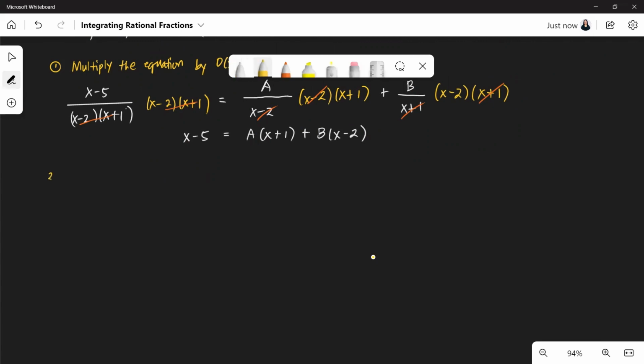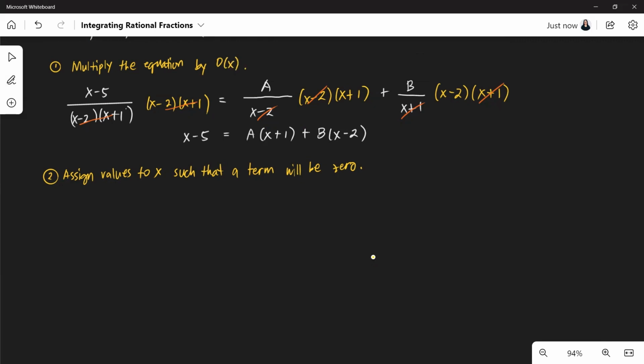So the second step is to assign values to x such that a term will be 0 or cancelled out, and then solve again for the remaining constant, either a or b.